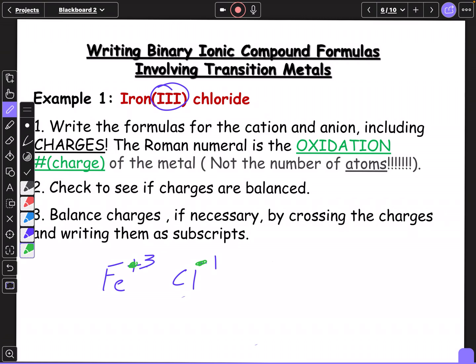These numbers don't balance out. Bring that one there. Bring that one there. I write Fe. That's a 1, but it's understood, so I don't put it. Cl3. I write those as subscripts. And that's what you get.